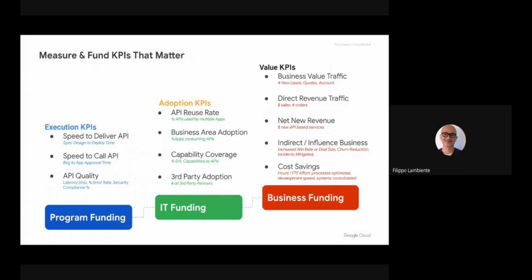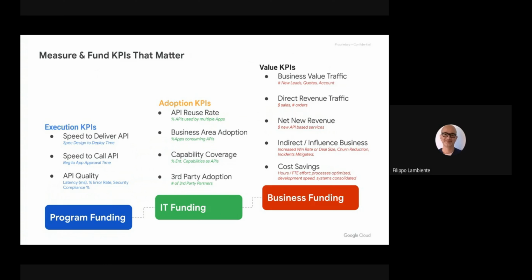Here, for example, are some examples of KPIs that can be considered.